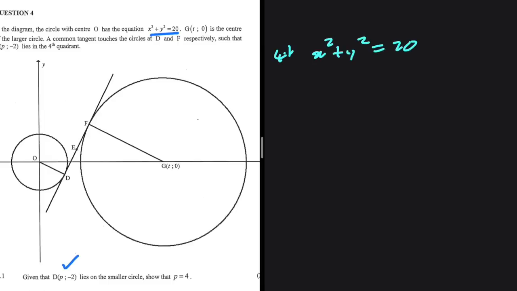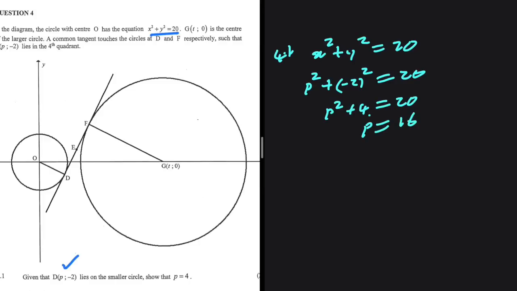The value of x at point D is P. If we substitute, we have P squared plus (-2) squared is equal to 20. P squared plus 4 is equal to 20. P squared is equal to 16. So P is equal to 4.